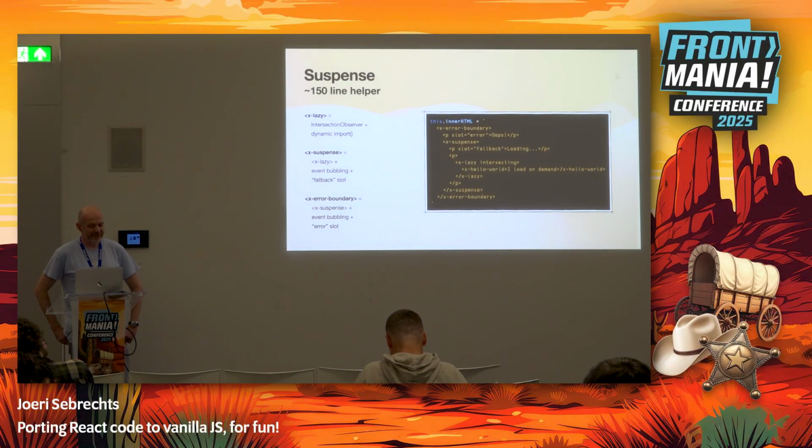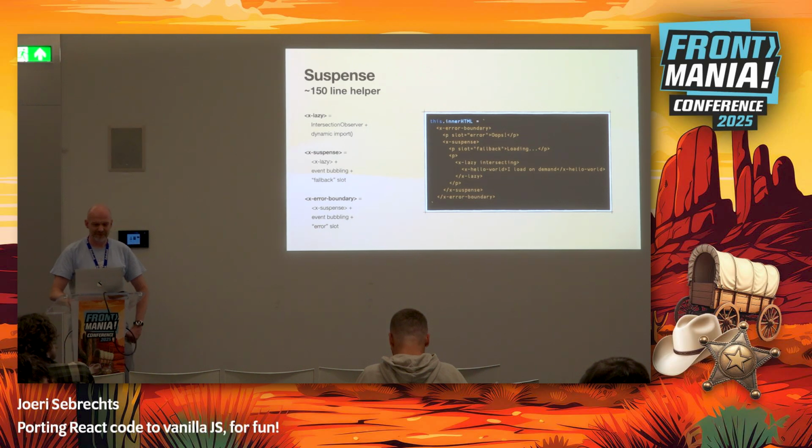So you see, this is all just imagination, looking at the toolbox that the vanilla standards provide us and figuring out how to wire those together in a simple way to get like 80% of what React would give us and just get the job done that we're trying to do. So that's a 150 line helper.